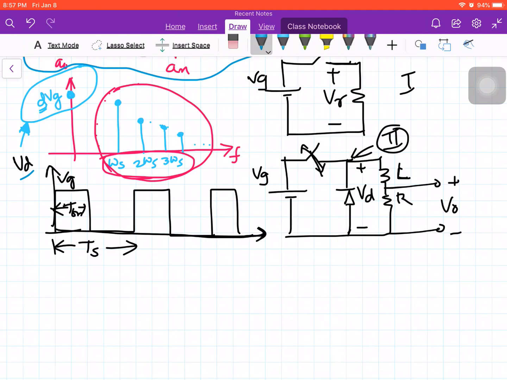Basically we want to pass this voltage through this circuit, which inbuilt acts as a low pass filter. We want to filter out everything except the zero frequency component, the DC component of this signal, which is the average value, D into VG.